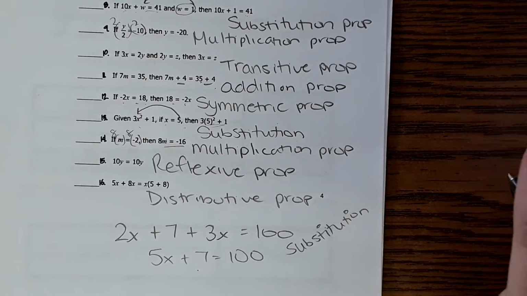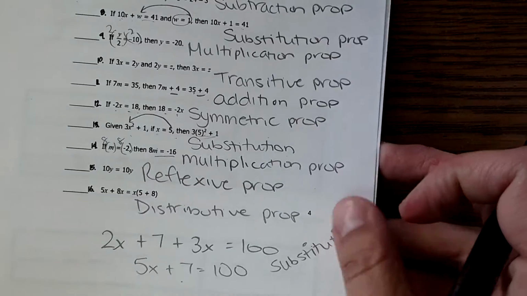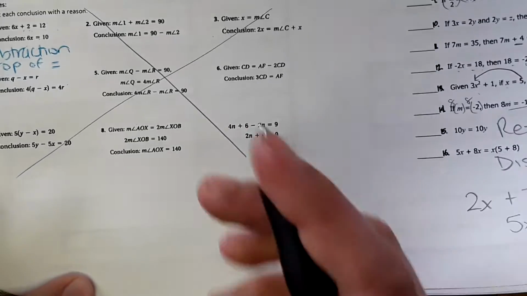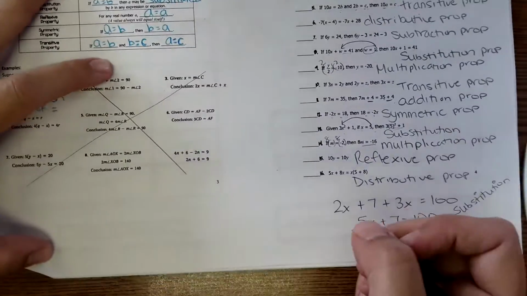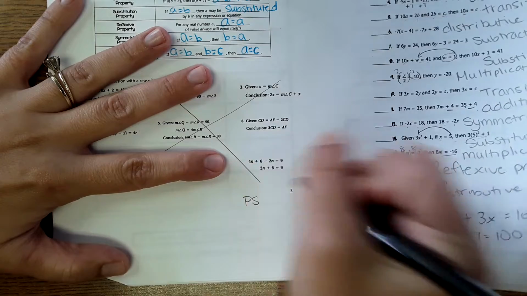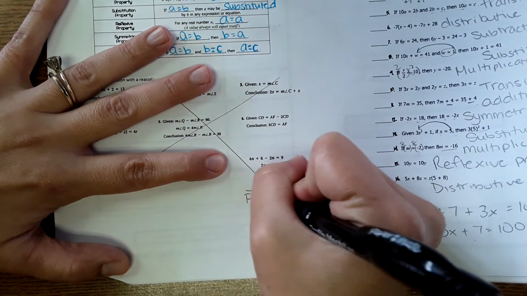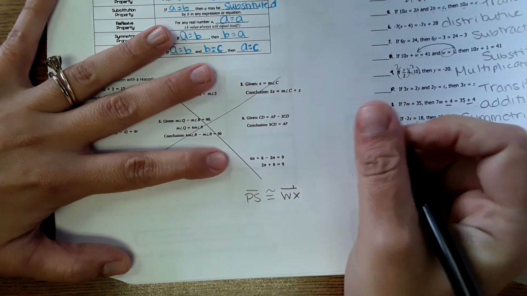And then, while I'm talking about things that you need to know that show up on the homework sometimes, another one is, and this we kind of touched on yesterday, I'm on the bottom of the page, just putting in a side note, PS, like literally, PS. Segment PS is congruent to segment WX.